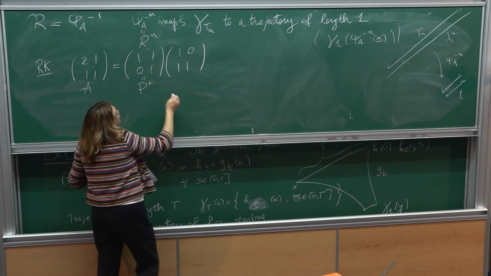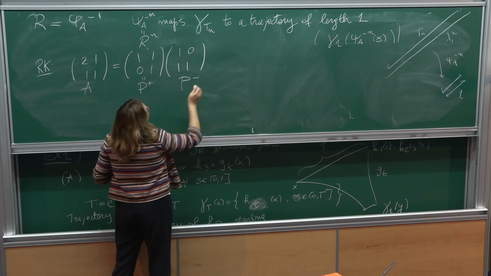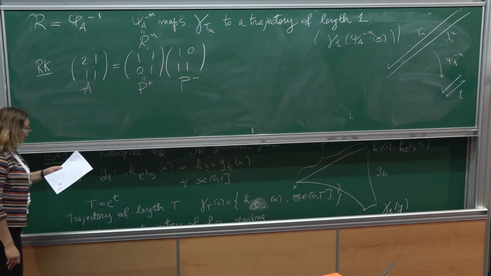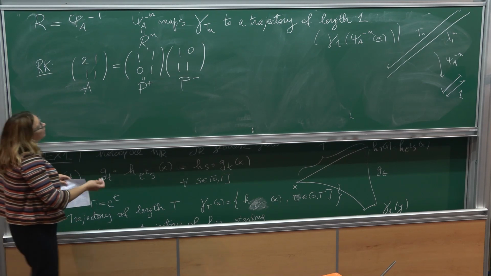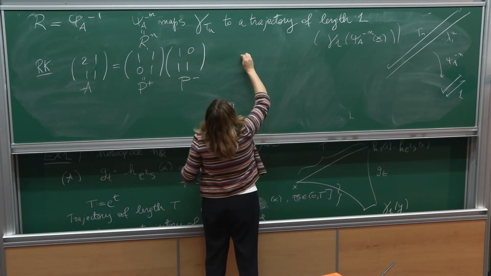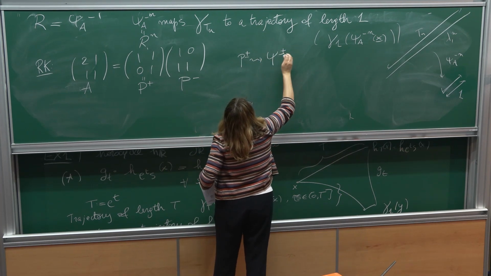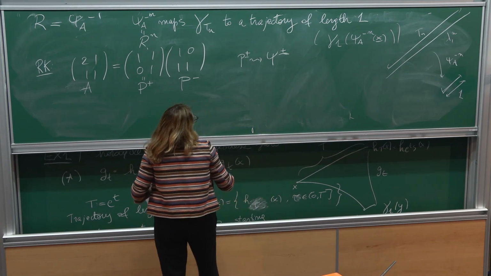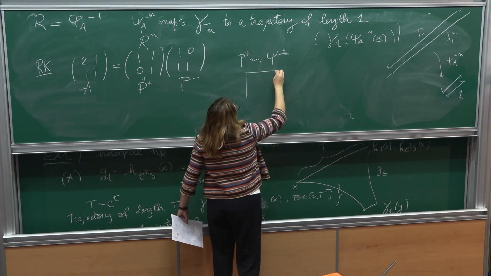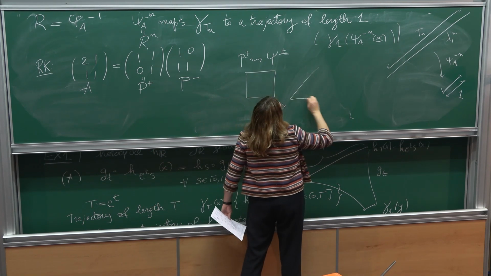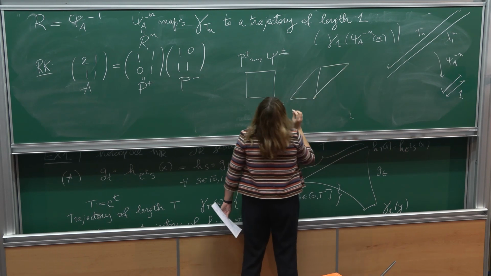I'll call them P plus and P minus, for parabolic up and parabolic down. And each of them, P plus and minus, correspond to diffeos. They're just linear diffeos in this case. And each of them is just a Dehn twist, actually.